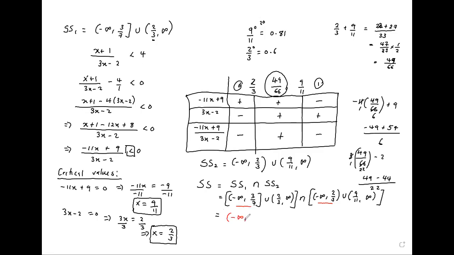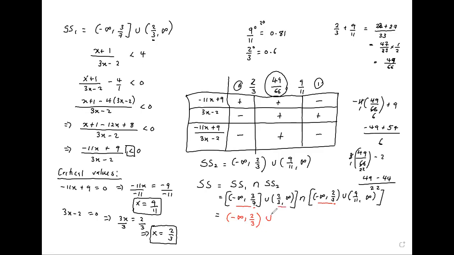Then between the inner numbers, 3 over 7 and 2 over 3, get the smallest. We say the smallest is 2 over 3, so you get 2 over 3. It's not included.